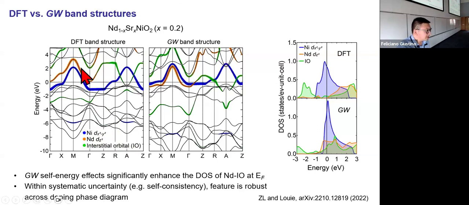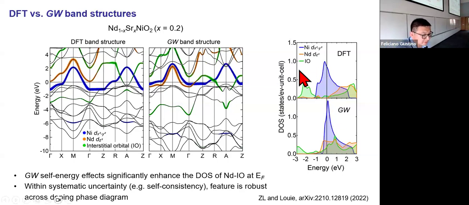So basically, you see from DFT to GW, this orange-green band has been pushed down such that the presence of this neodymium and interstitial orbital character has been significantly enhanced through the GW self-energy effect or through other self-energy effects. In fact, if you do hybrid functional or SCAN functional calculations, you also see similar trends.